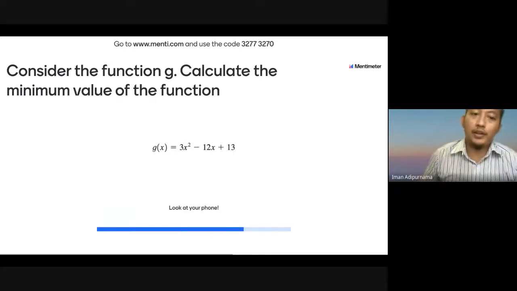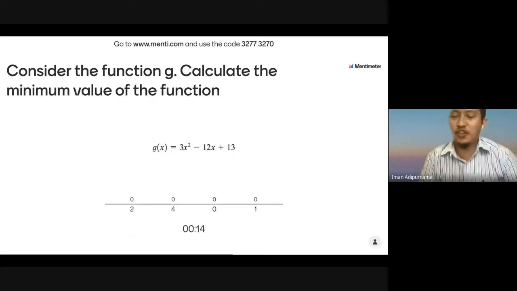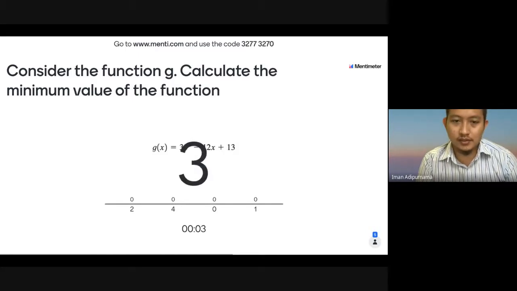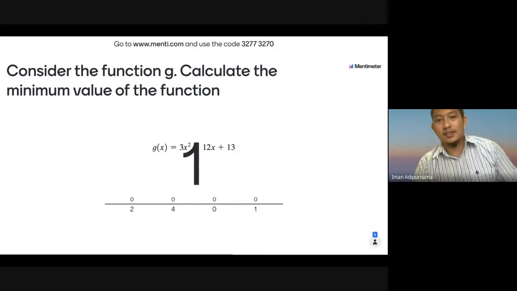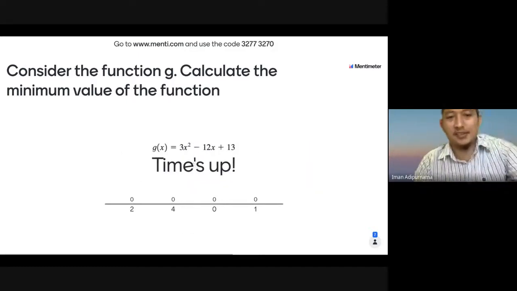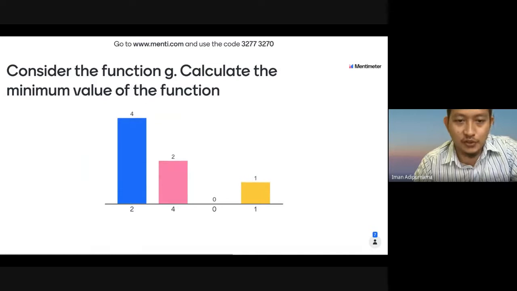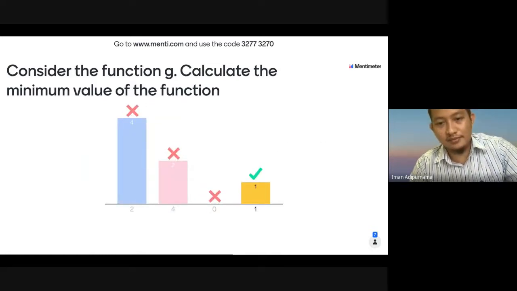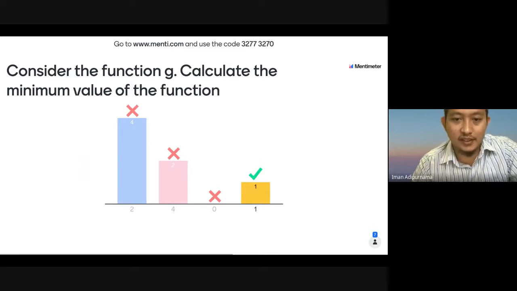Calculate the minimum value. Actually, it's similar to the last question. Yeah, it's too fast. I hope you get it. Oh, great, great.